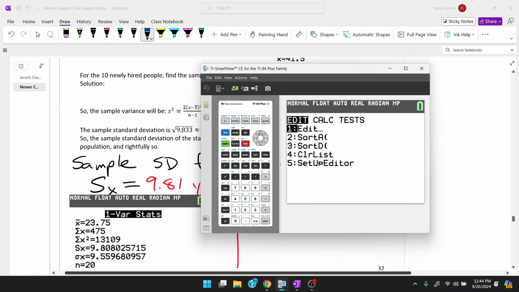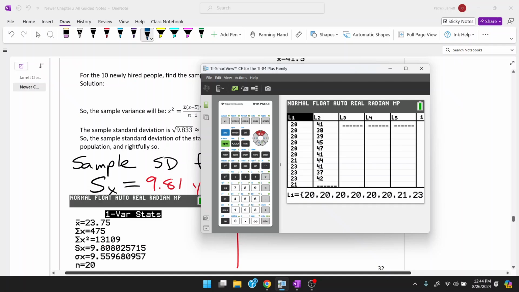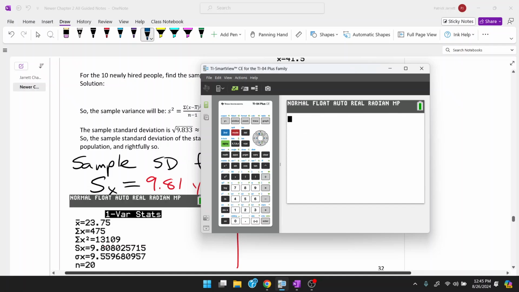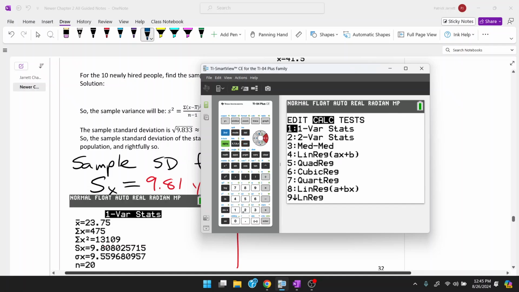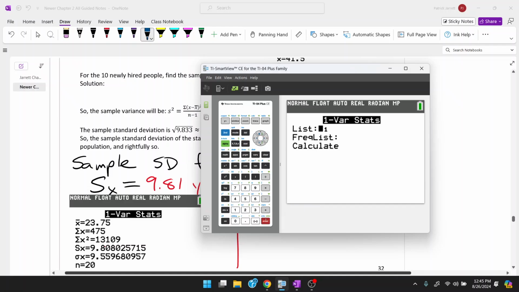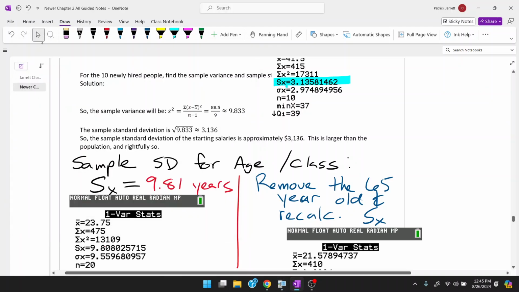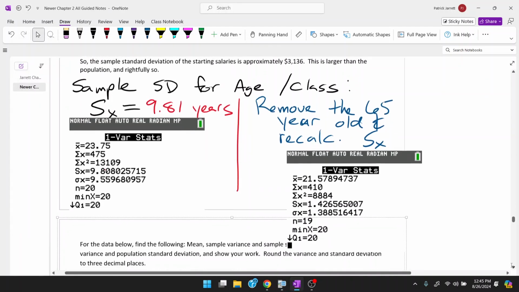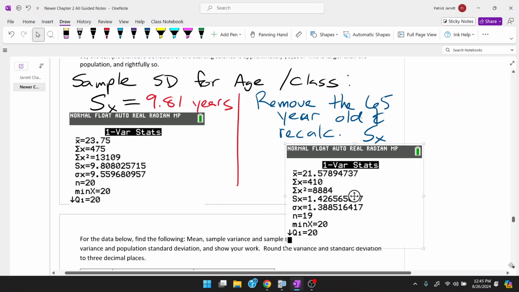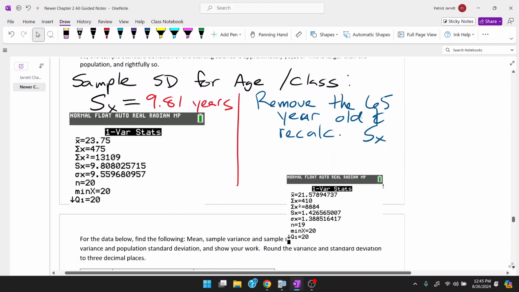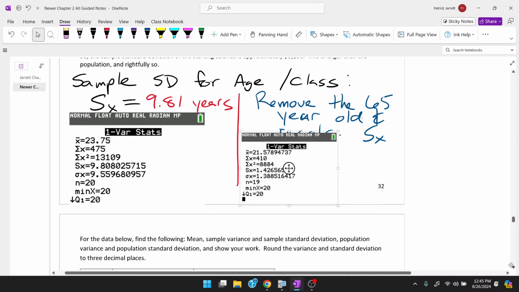So I'm going to go into list number 1 and get rid of that 65-year-old. Take it out. Now, when I go to redo the 1-Var Stats, watch this. What has the standard deviation fallen to? Wow.